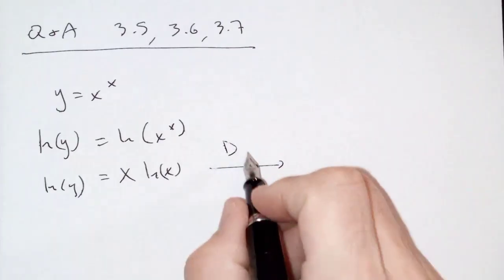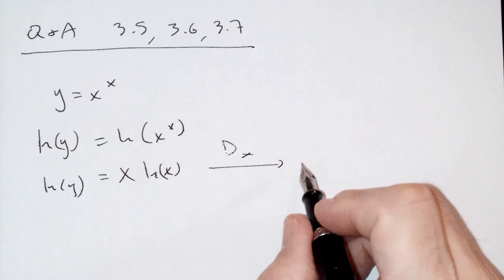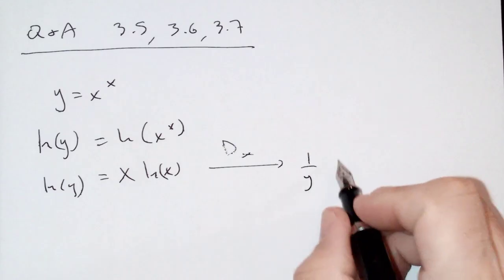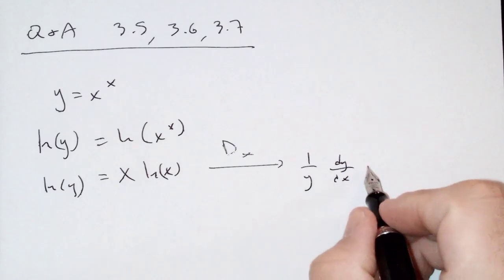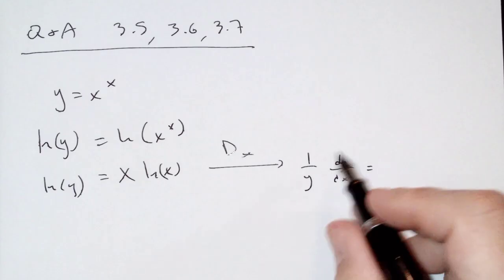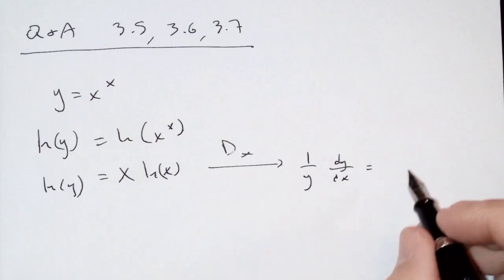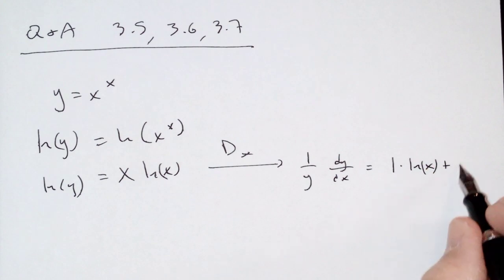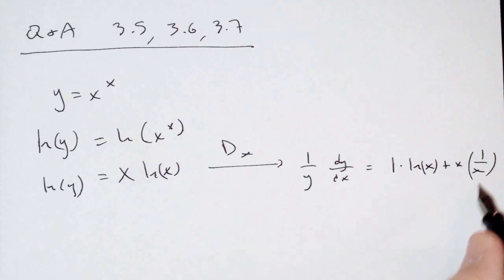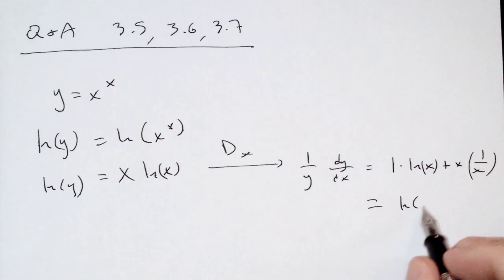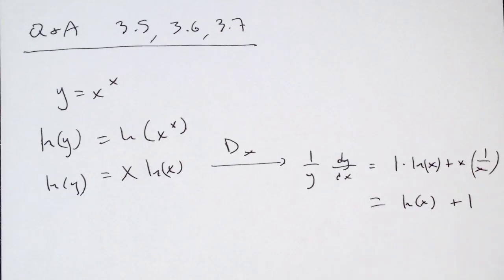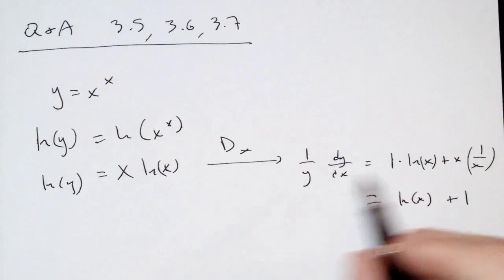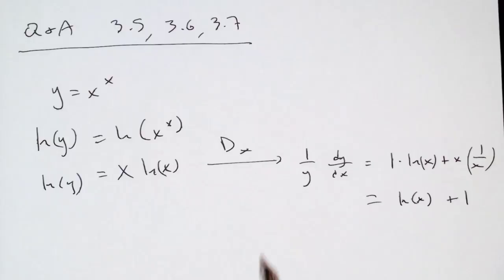So when I take my derivative in x, this side becomes 1 over y dy dx. There's my chain rule. But over here, I do the product rule. My goal is to find dy dx, right? So the last step is to move that y over there.